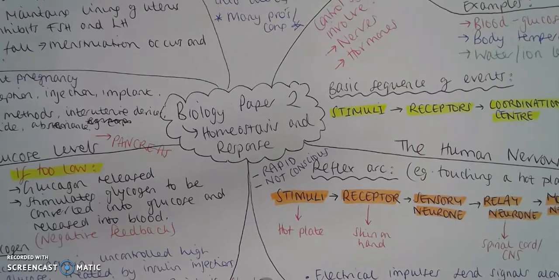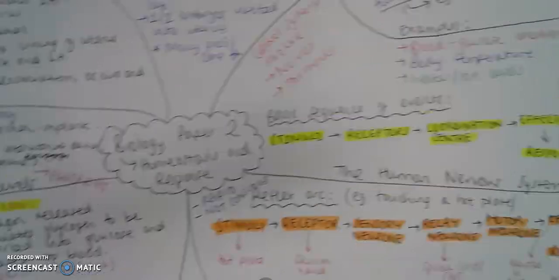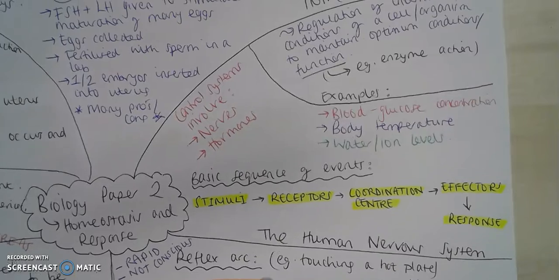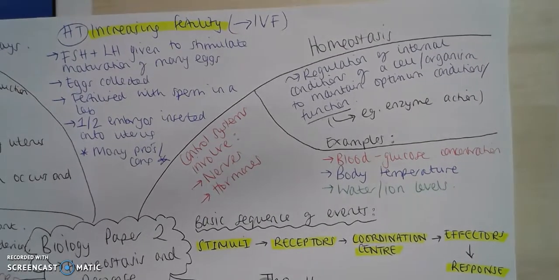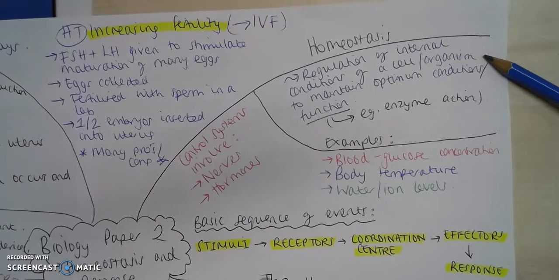So just to start off in general, thinking about homeostasis as a generalised concept. What homeostasis is referring to is the regulation of internal conditions of a cell or an organism to maintain optimum conditions to enable proper function.